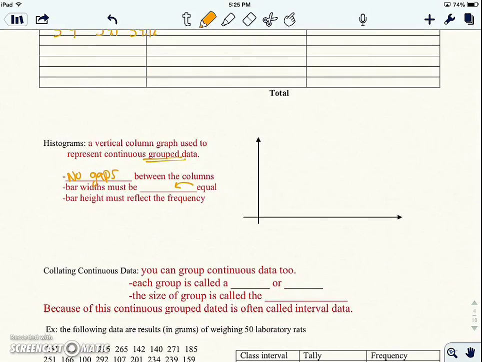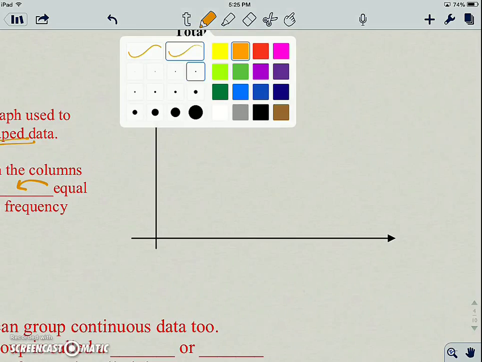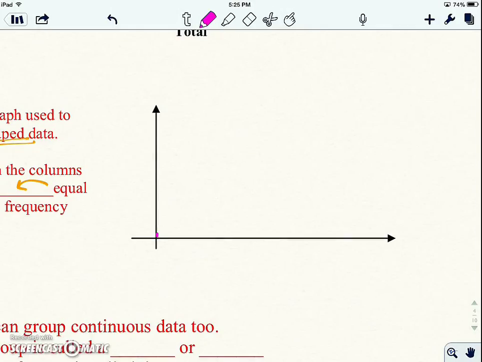Okay, so if we did our heights, we could say maybe we have 5 feet to 5'5". Oh, nobody's going to be quite that tall. Let's try this again. 5 feet to 5'2", 5 feet to 5'4".